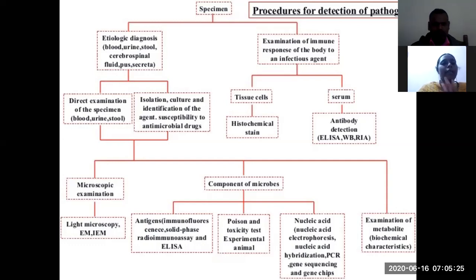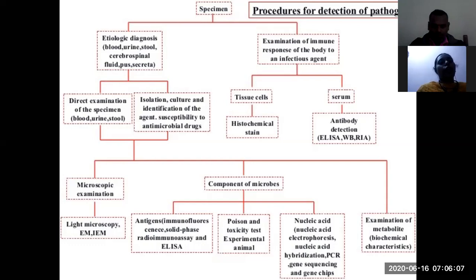We have collected the specimen, then it undergoes etiologic diagnosis, like blood, urine, stool, cerebrospinal fluid, pus, secreta, etc. Next, they can undergo examination of the immune responses of the body to an infectious agent, that is, antigen and antibody. They can go for direct examination, or for isolation, culturing and identification of bacteria by means of specific tests.